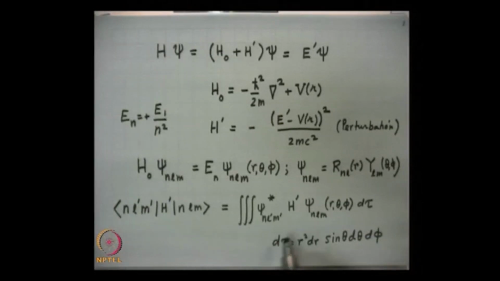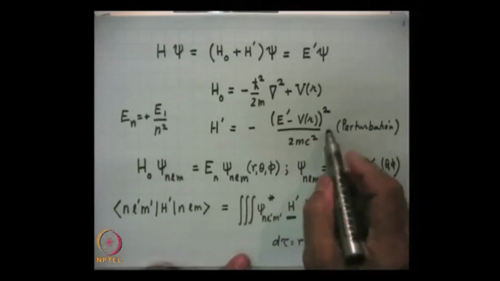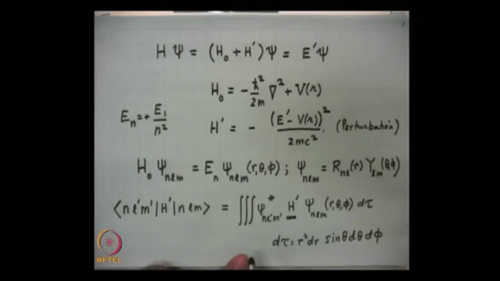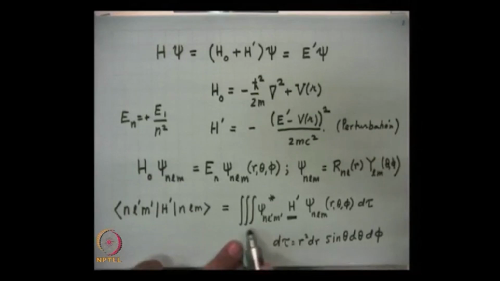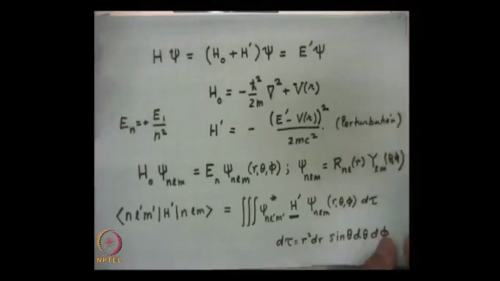Now, in this we must see that H prime is a function of r only, and so we can write this integral as a product of two terms.